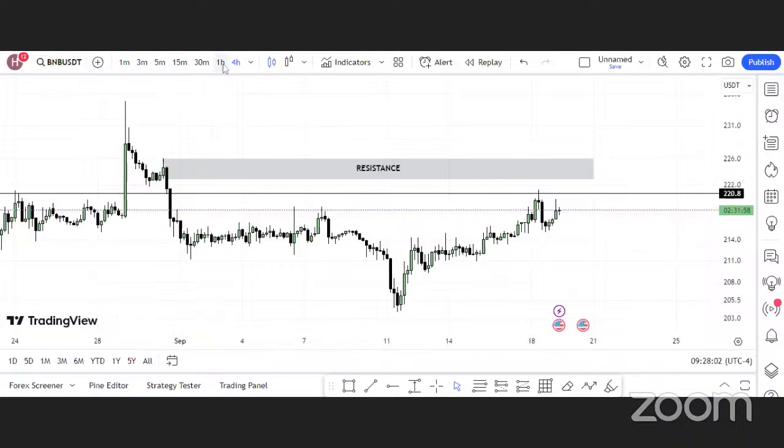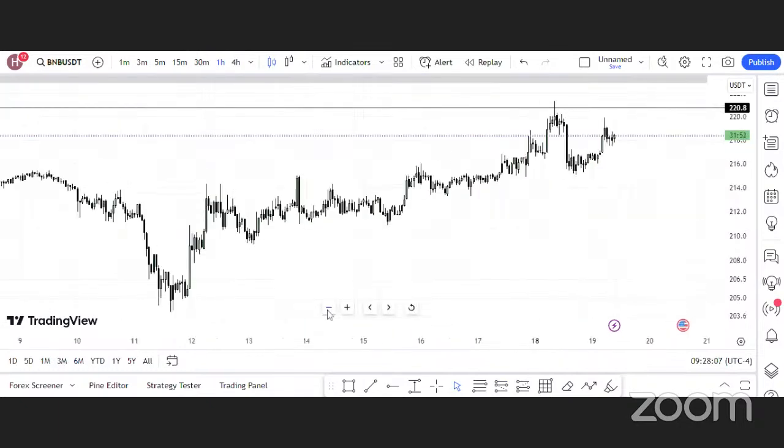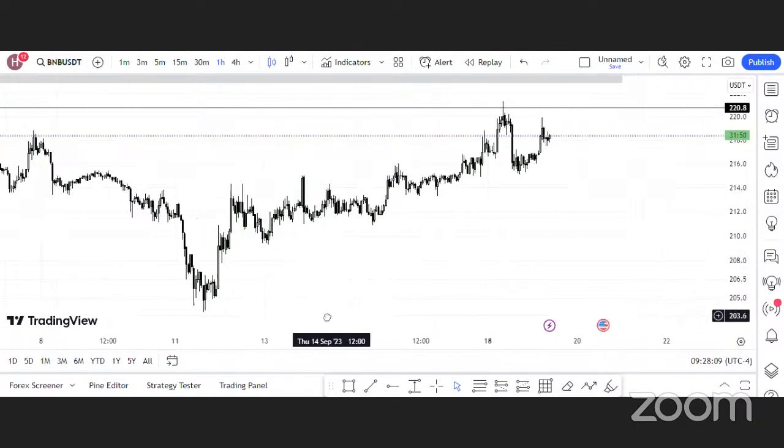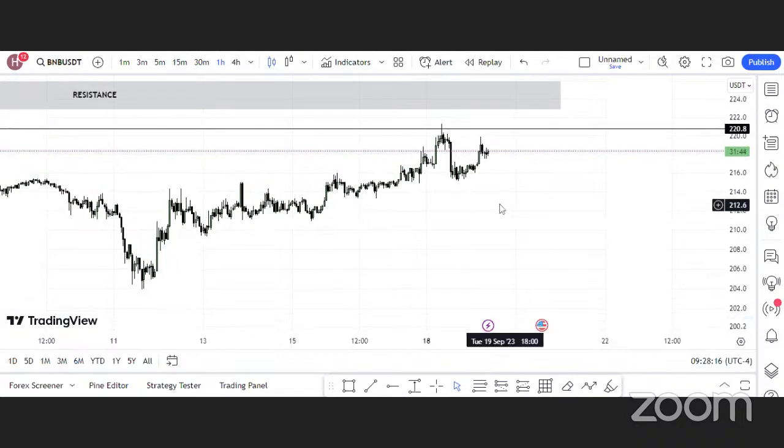So now I'll be going down to the lower time frame, say the 1 hour time frame, to see. You see the market is heading towards our resistance zone. So what you want to do is keep an eye out for BNB USDT.